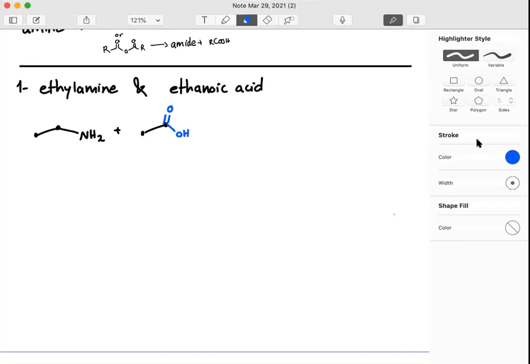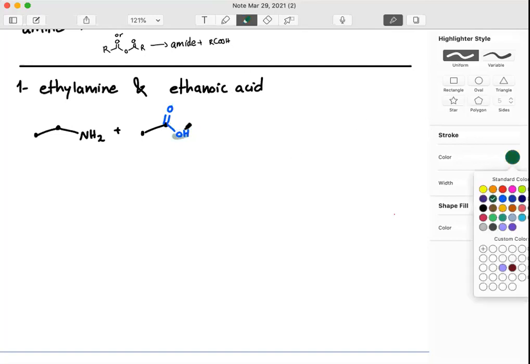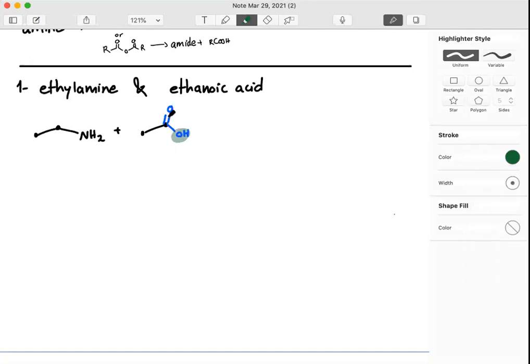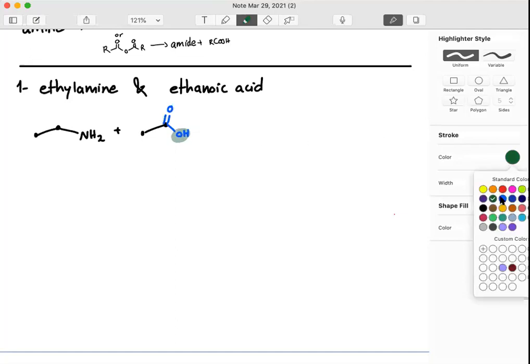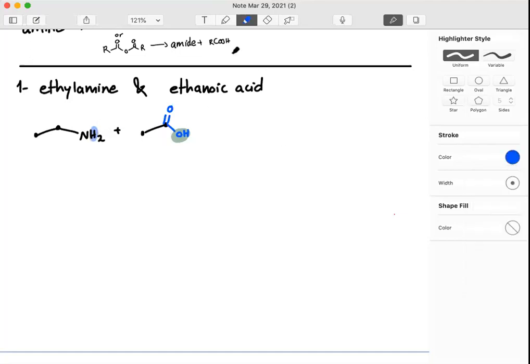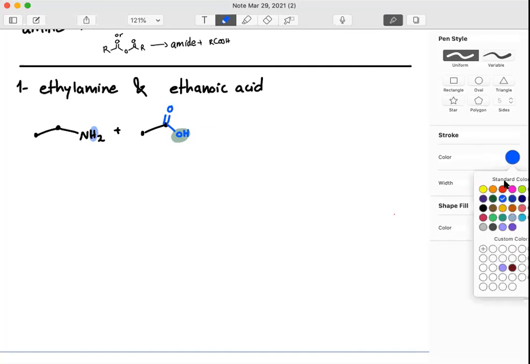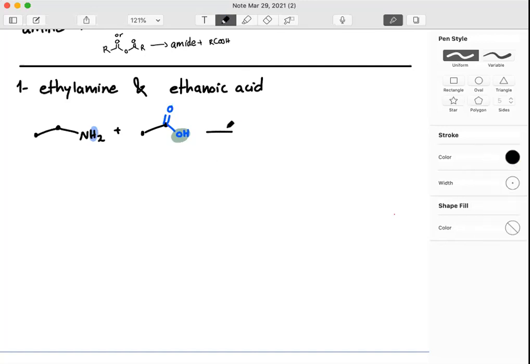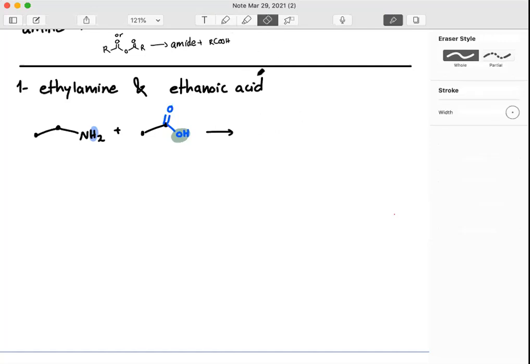As usual, I need to remove OH from here, the thing that's connected to the C double bond O and not the R group. And from the other side, I just want to remove one of the H's. So this would give me this again here, N. Let's do the usual way.